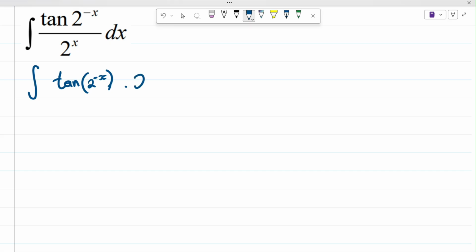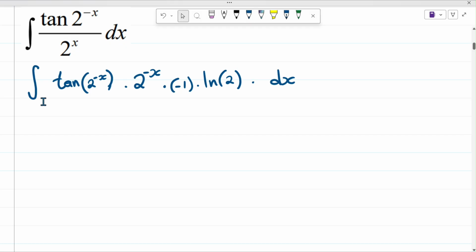So when we take these 2 up, we're going to have 2 to the power negative x, of course. So when we differentiate 2 to the power negative x, we should have 2 to the power negative x multiplied by the derivative of the angle there, because it's an exponential function. So it's going to be -1 multiplied by ln of 2, then dx.